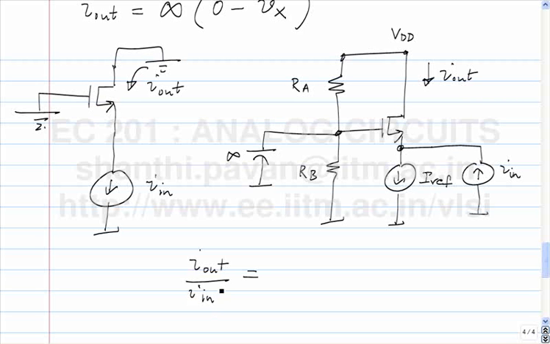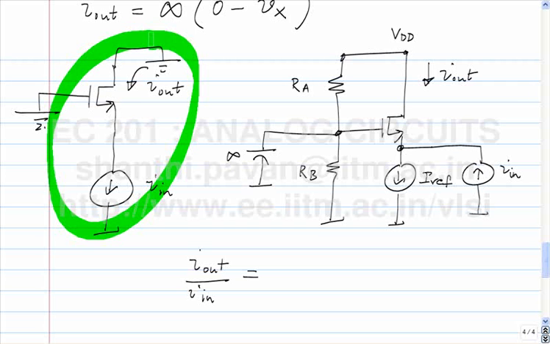When you are in doubt, draw the incremental equivalent circuit. If you draw the incremental equivalent circuit, you end up with this chap, the direction of IN. Yeah, okay. Fine.